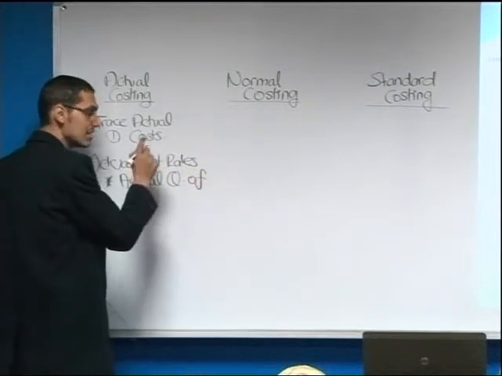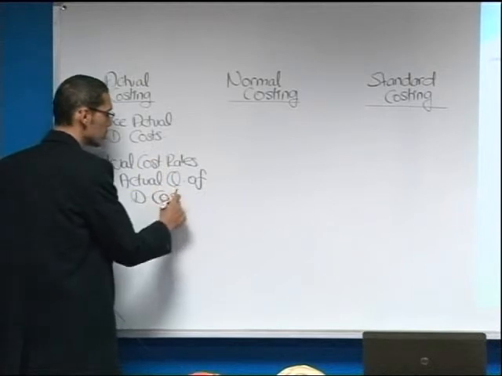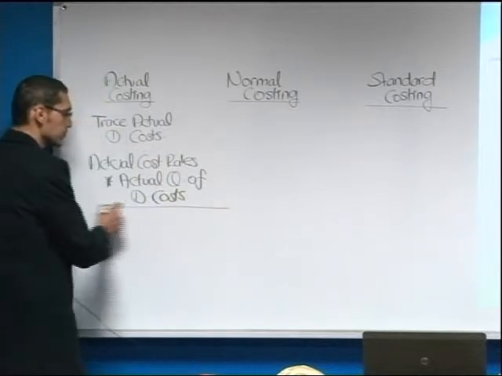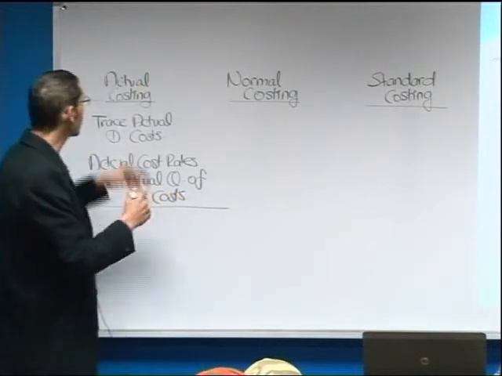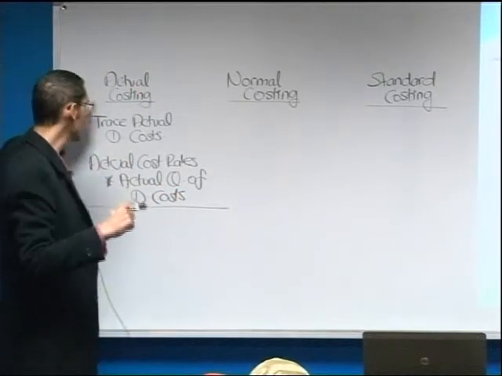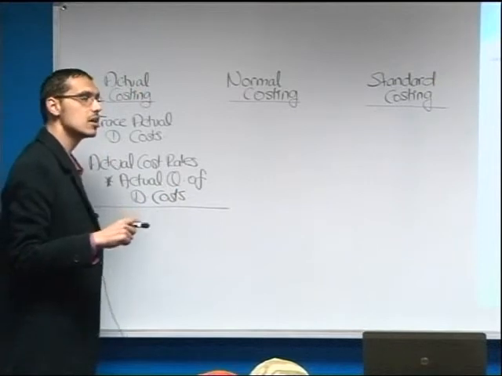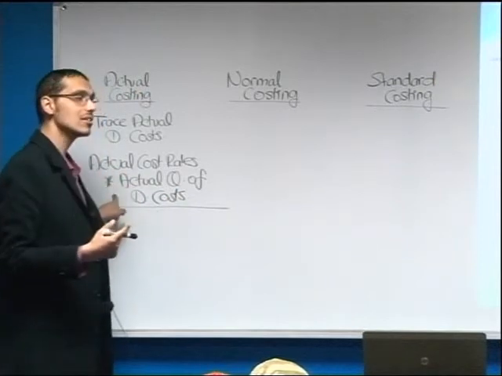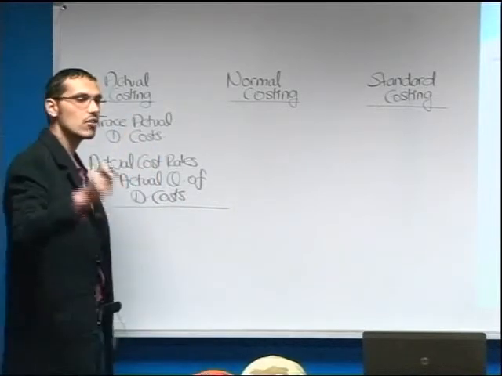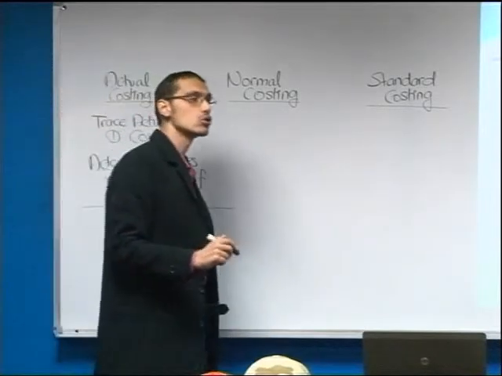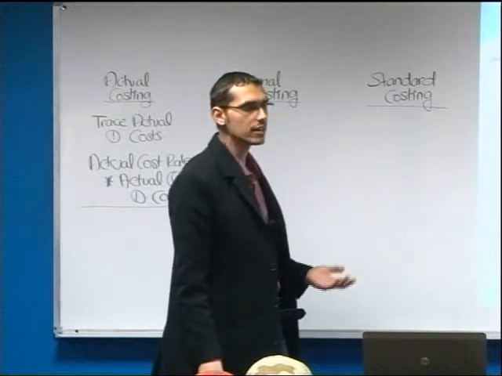We are still talking about direct costs. As we can see, the term actual costing is because we use the actual cost rates multiplied by the actual quantities of these direct costs in order to trace the actual direct costs to the different cost objects or to the different products.